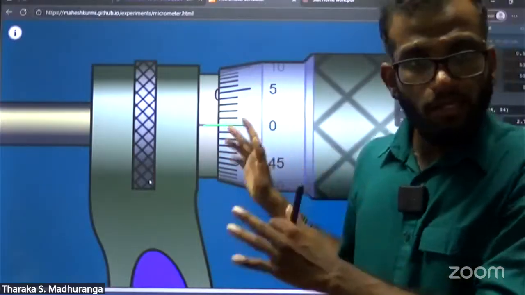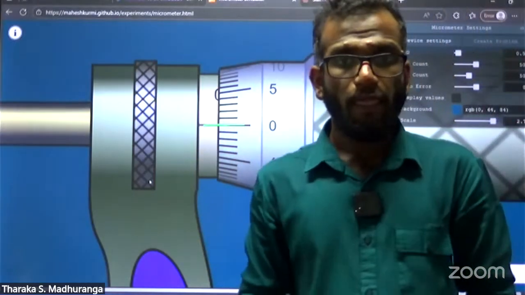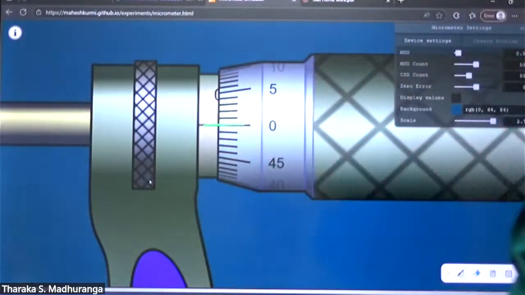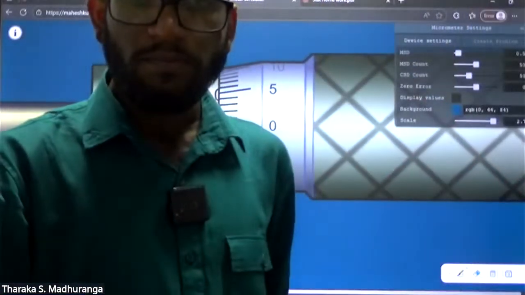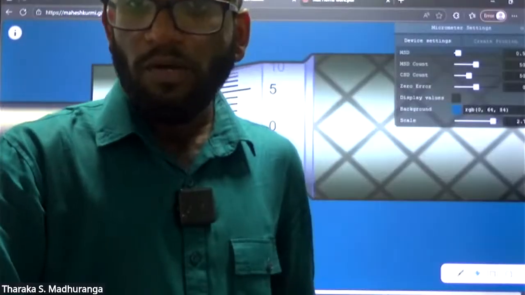They are accurate instruments. Are you good? Good.